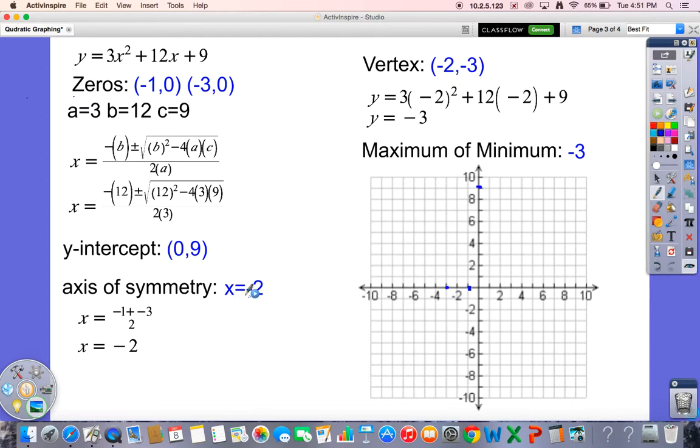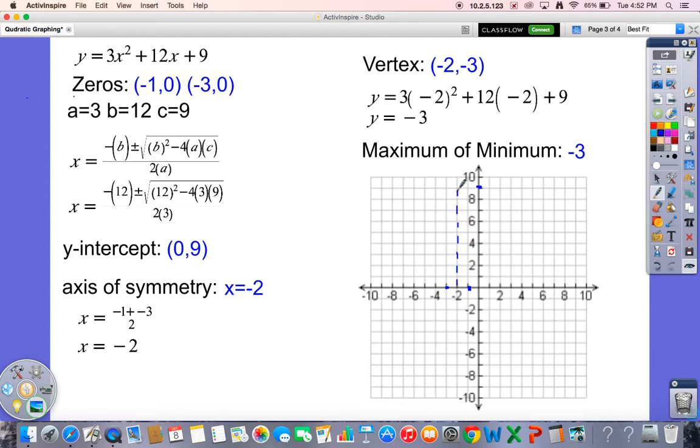I'm going to show my axis of symmetry at x equals negative 2. This line is going to guide me as I draw my parabola, as I draw my U shape onto my graph.